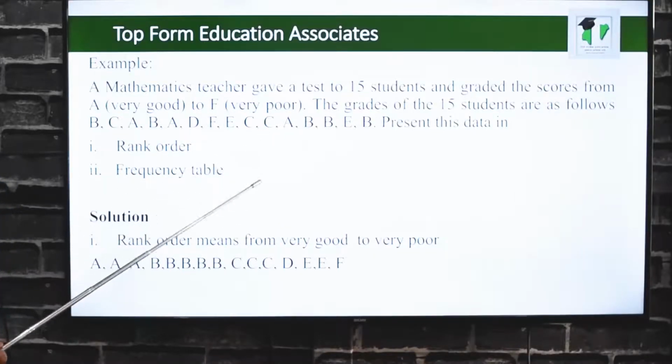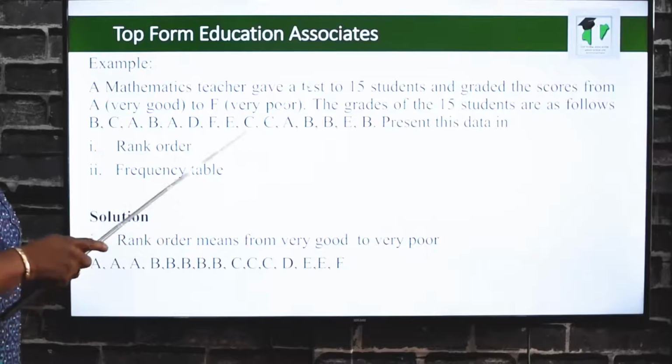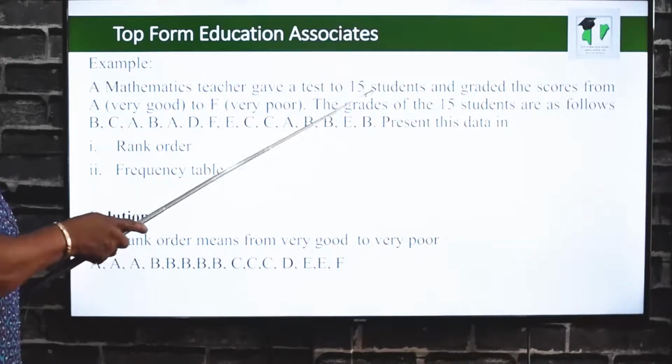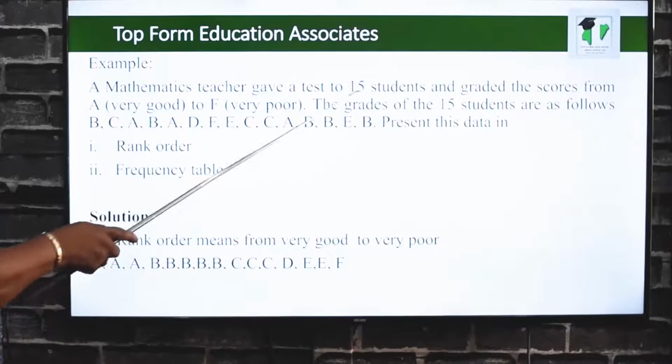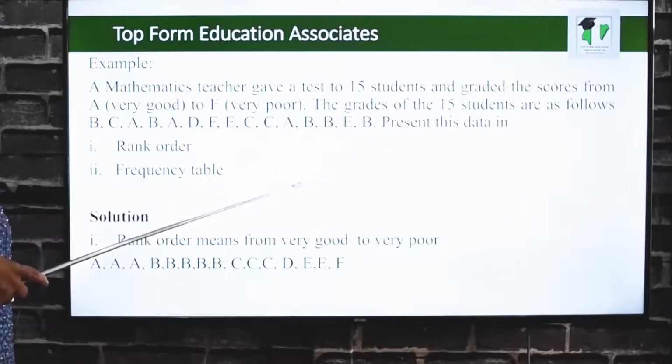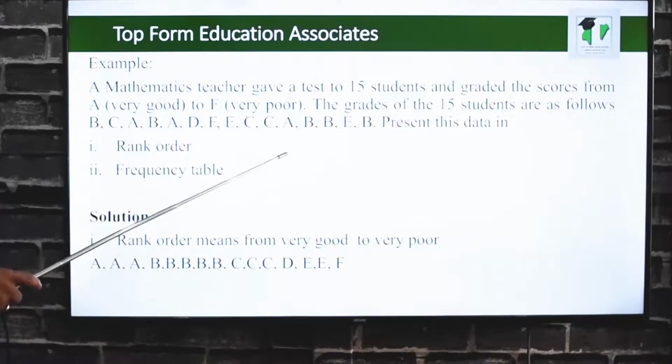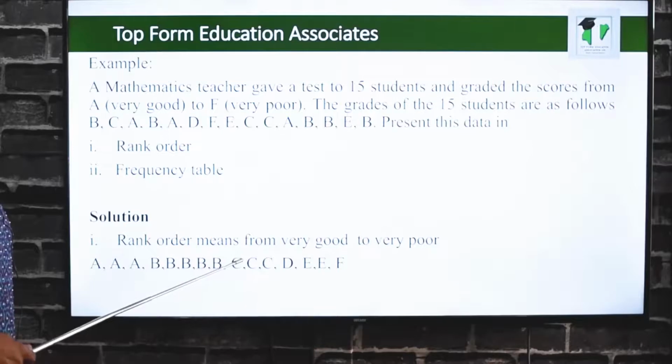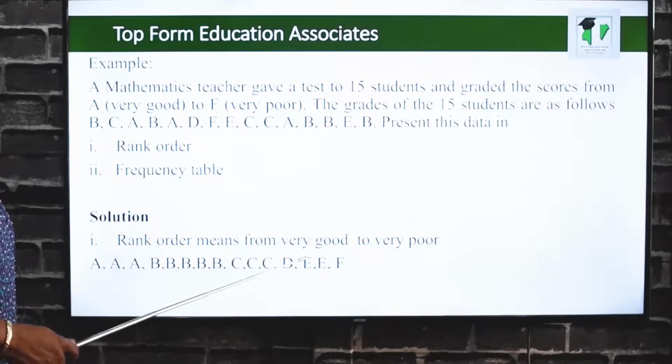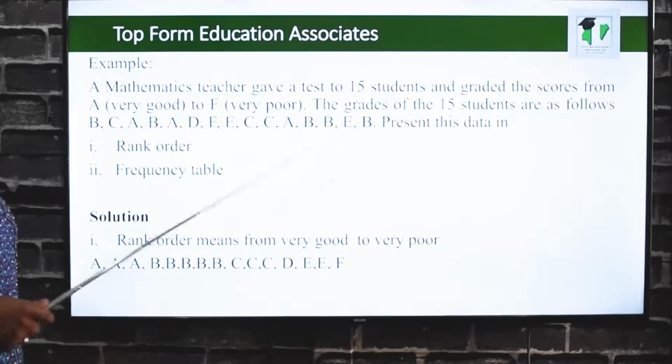What do I mean by this? The question says a test was given to 15 students and 15 grades were received from the 15 students. So in the rank order, you should have 15 grades. And that is 1, 2, 3, 4, 5, 6, 7, 8, 9, 10, 11, 12, 13, 14, 15.